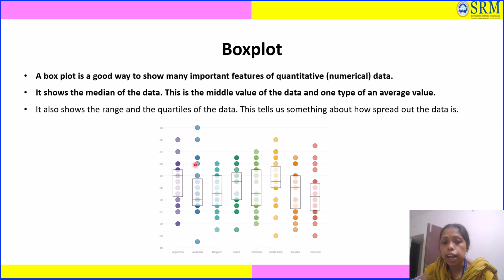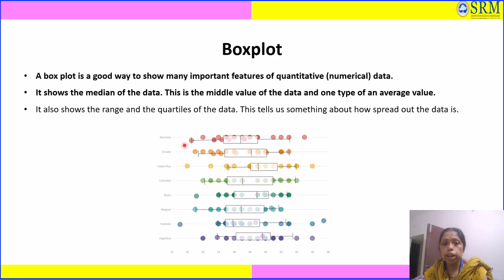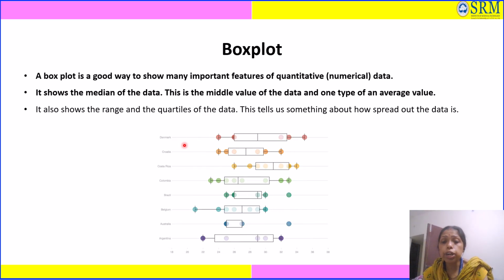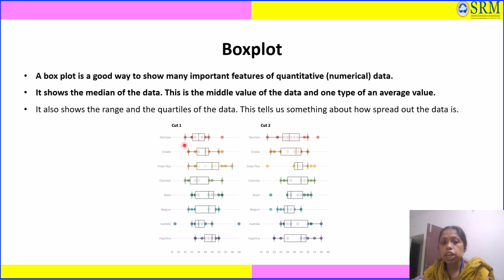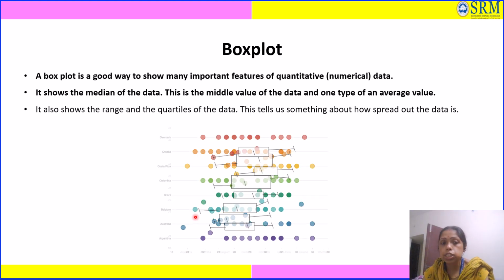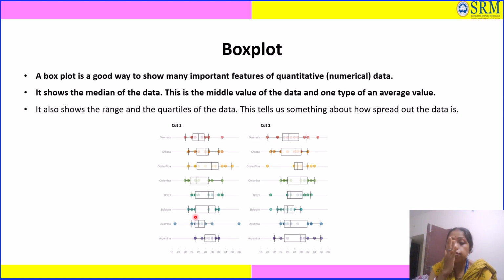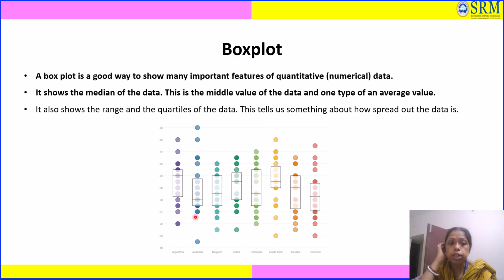Is there any value which is not relevant? Suppose the temperature range should be 20 to 30. If in the temperature column any value is 50, that is not relevant, right? So maximum data are available between 20 to 30, but some data are at 50. So you can identify the outlier. To identify the outlier, we plot the box plot.